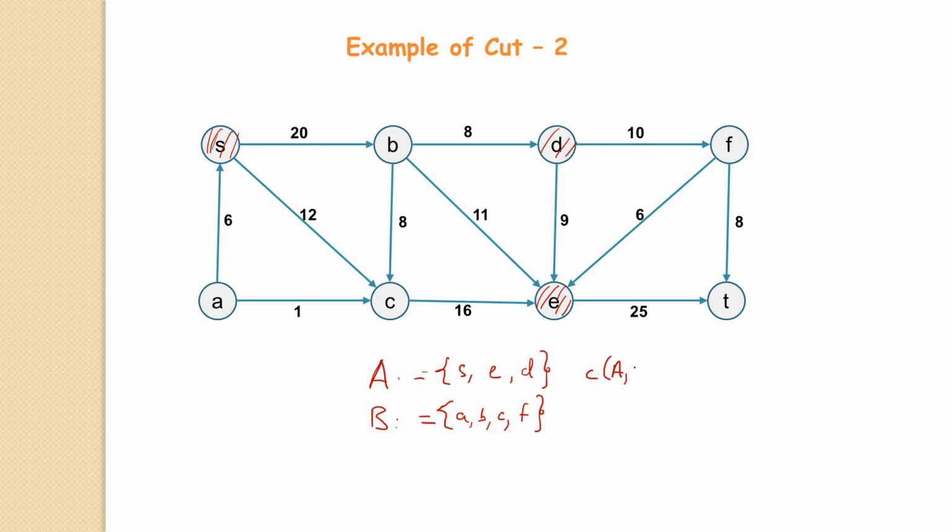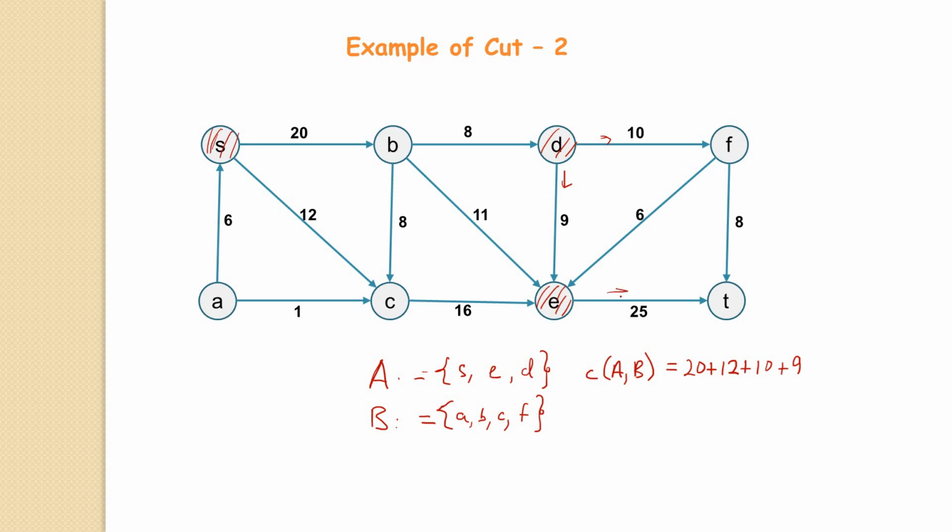C of A, B equal to what? So we say what is going out from S. We have 20 and we have 12, 20 plus 12. What is going out from D? So this and this. We have plus 10 plus 9. And what is going out from E?